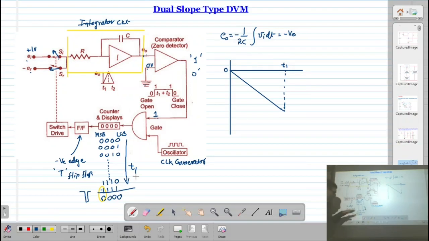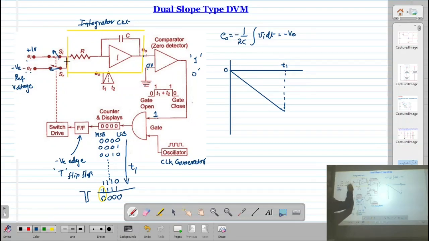Then after, the counter is reset and triggers the flip flop, and the flip flop drives it in such a way that the switch SI will be open, and the SR is connected to a reference voltage. Now this reference voltage is negative. Remember, this is a negative reference voltage.